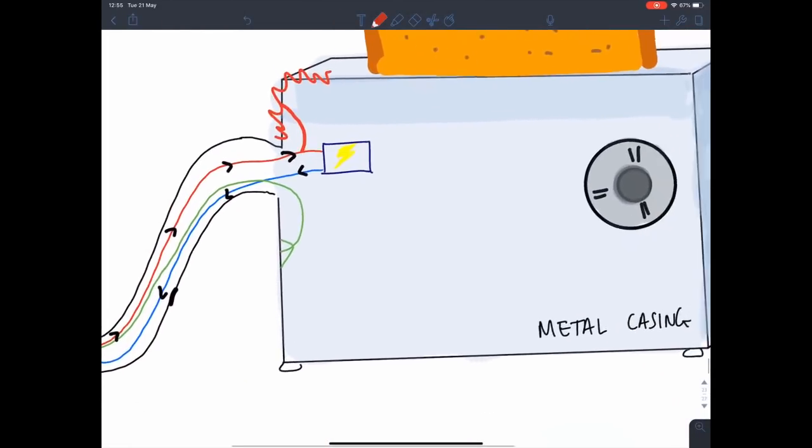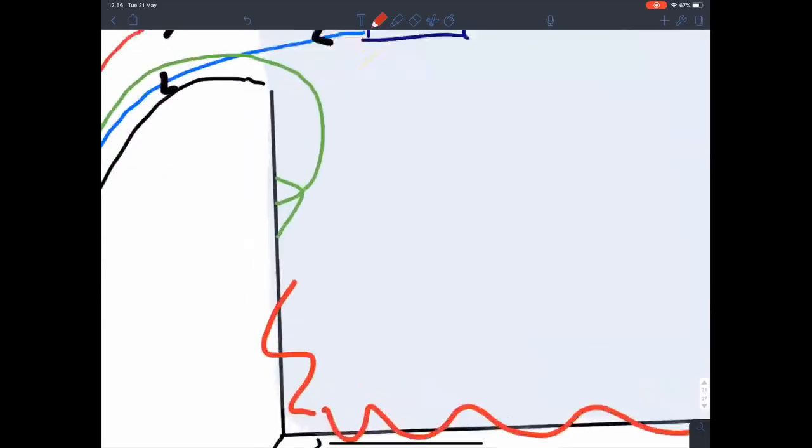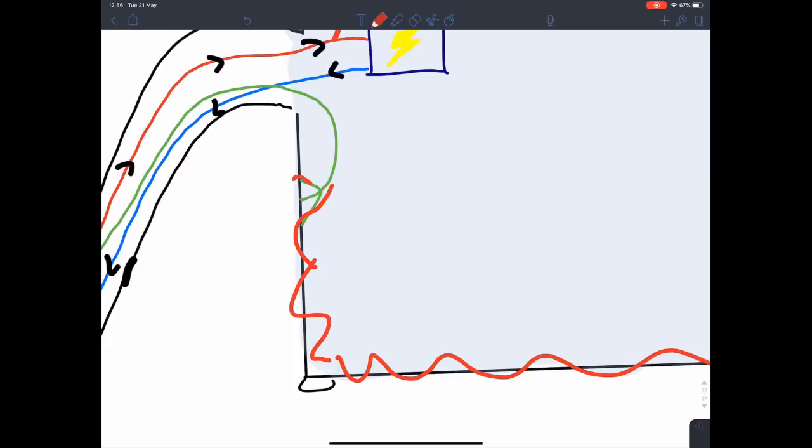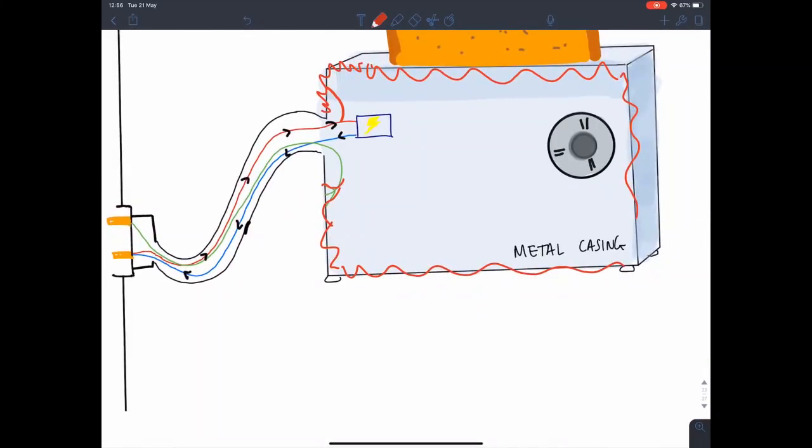So everything becomes live. Now, if at this point you were to touch the metal casing, you would also get an electric shock. Now, how does the machine prevent that from happening? Although you have all this extra current going to the casing, the earth wire will now step in and take up all of that current and remove it and send it out to the earth. So the earth wire is basically going to help to remove all that current that is passing through the metal casing. So that's the first thing.